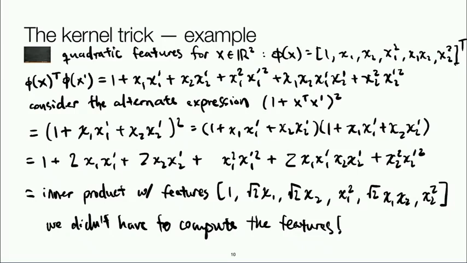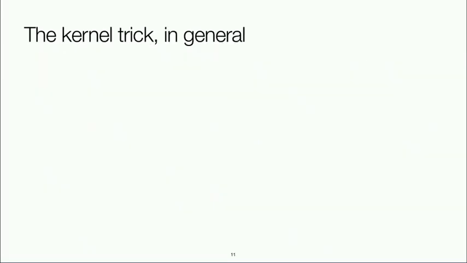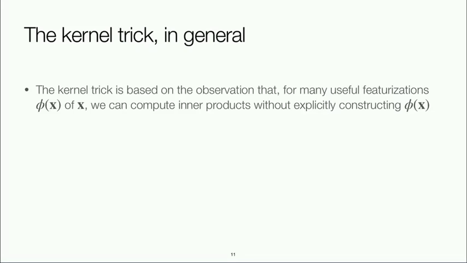Okay, so let me try to generalize that example into what the high-level idea is. When we say the kernel trick, basically what we are saying is that for many useful featurizations phi of x, we can compute inner products, phi of x transpose phi of x prime, without ever explicitly constructing phi of x itself.